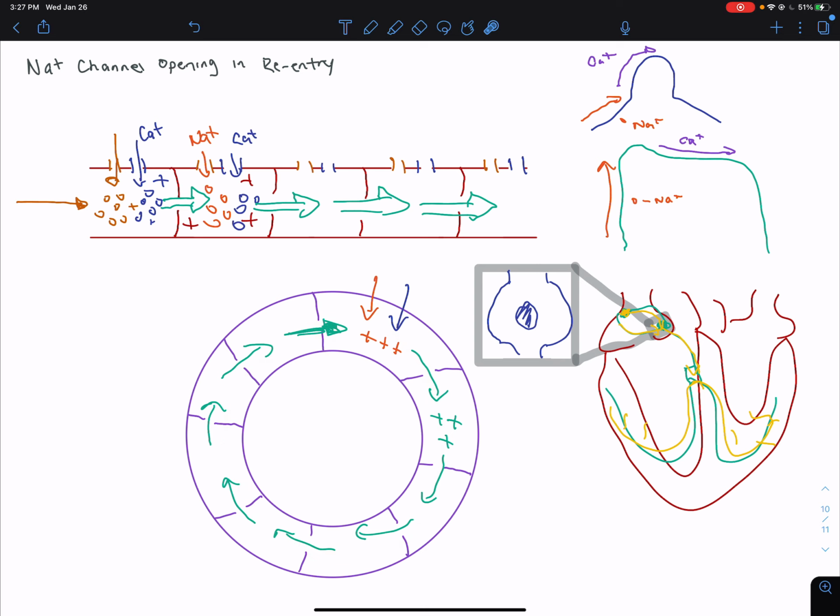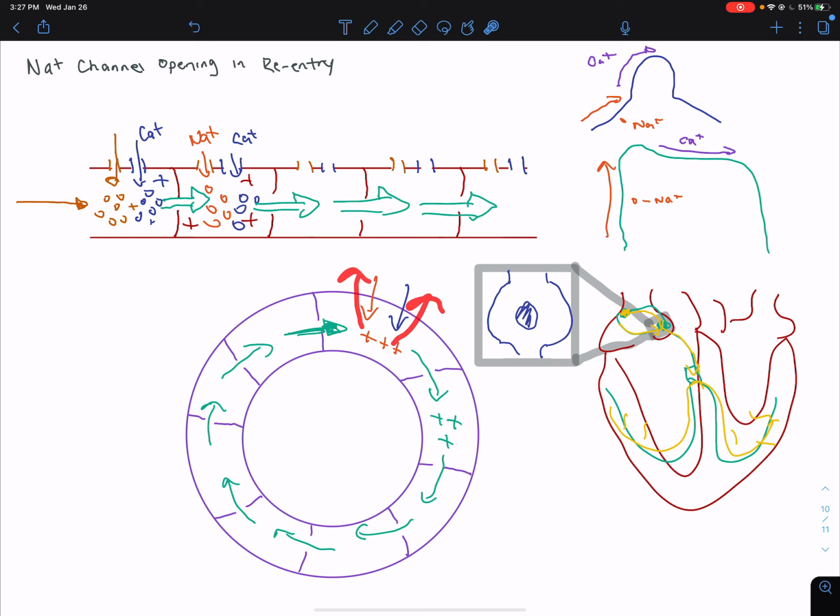So one of the reasons why a reentry phenomenon can be self-limiting, or you might see someone go into an SVT and then they go out of it on their own, is if this impulse goes around the entire pathway, and when it gets back to the start or back to the initial cell and is trying to loop around again, this cell hasn't had enough time to push those ions back to where they belong.